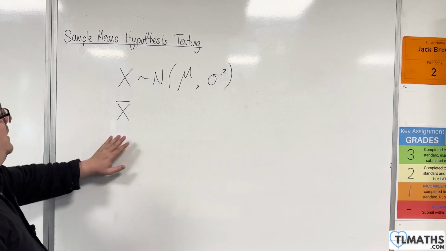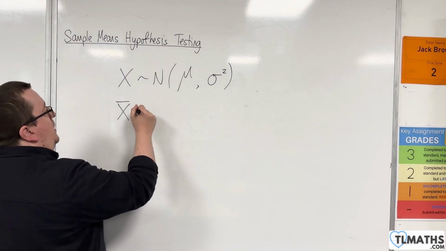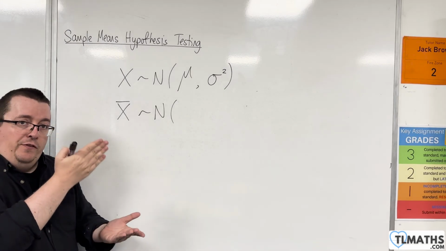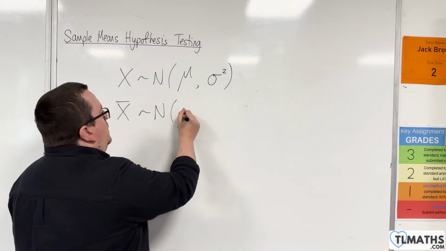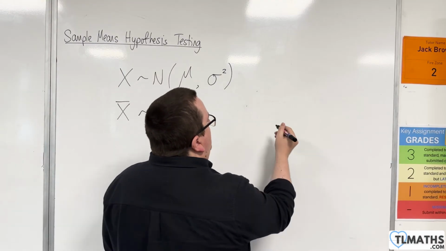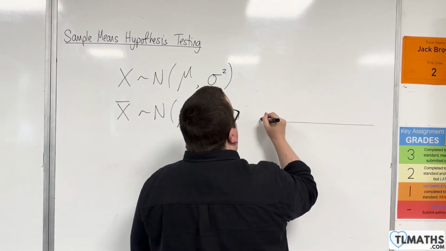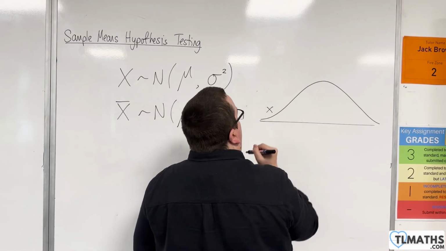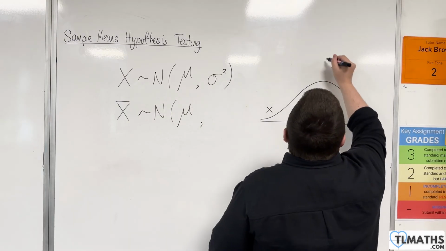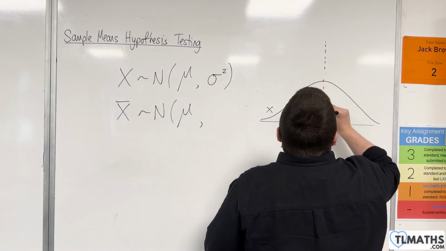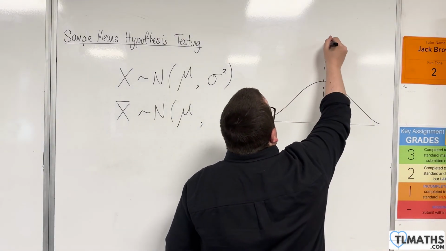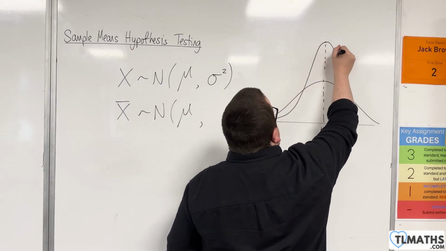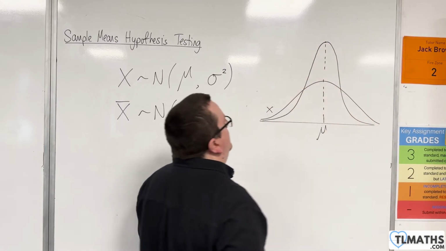So x bar is the distribution of sample means, which is also normally distributed, and they have the same mu. We saw that because when you compare the two distributions side by side, here is your population, so here is x, and then the sample means are centered at the same value but will be taller and thinner.